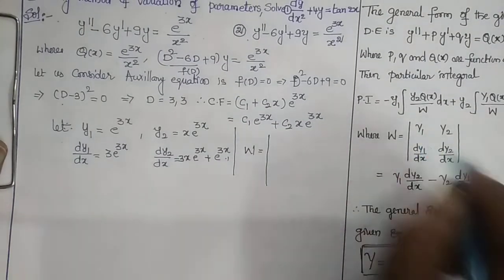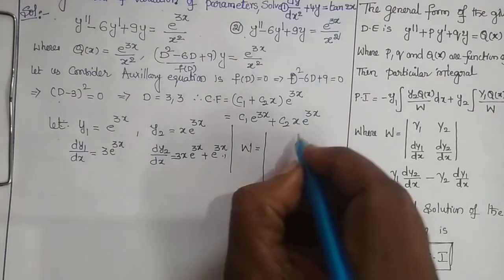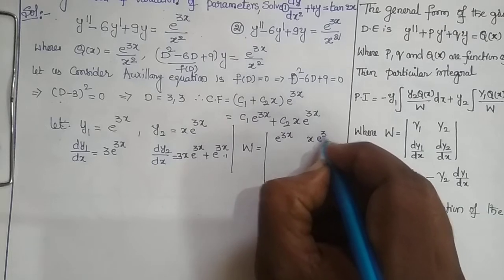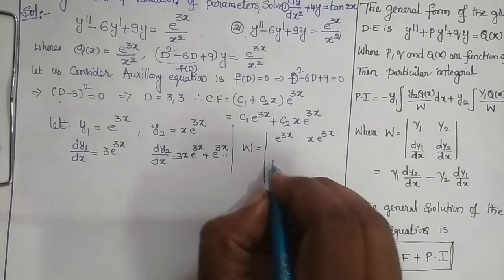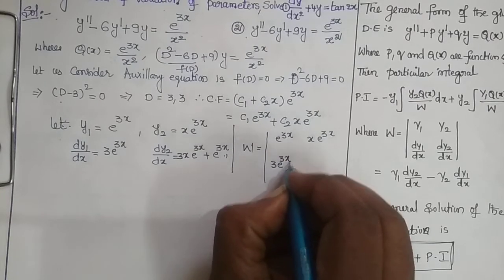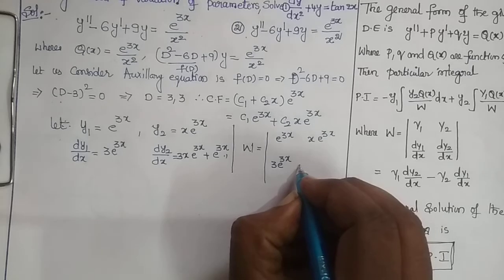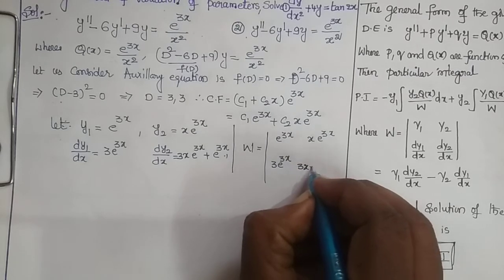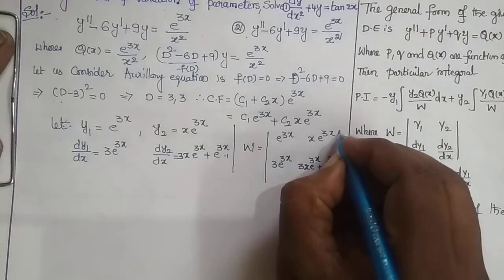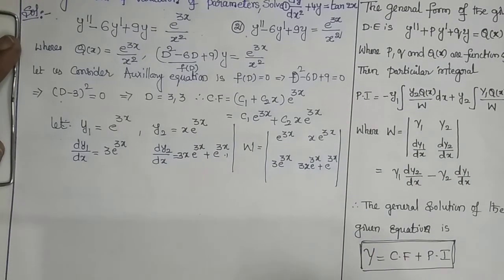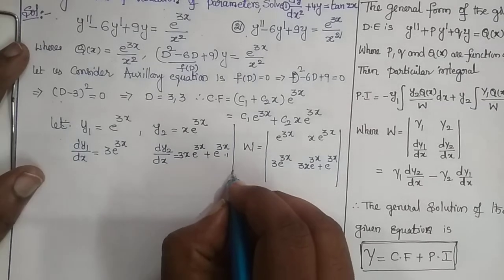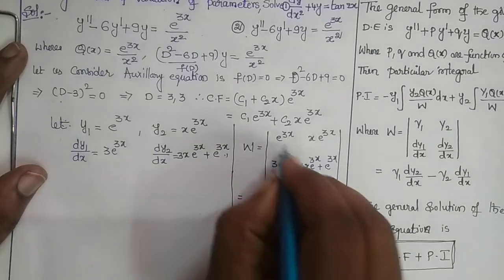After getting these, we are going to find W. Let us substitute directly: y1 is e power 3x, y2 is x into e power 3x, dy1 by dx is 3 into e power 3x, and dy2 by dx is 3x e power 3x plus e power 3x, which is equal to ad minus bc.